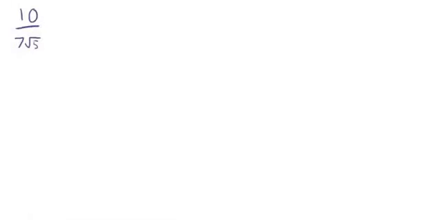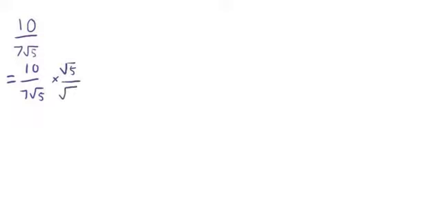So for question 4 we have 10 over 7 root 5. And we're still rationalizing the denominator, so it's also basically the same thing as last question. 10 over 7 root 5 times root 5 over root 5.